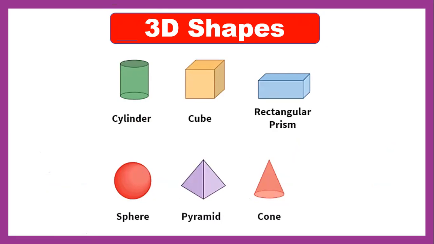Here is the cylinder, cube, rectangular prism, which we also call cuboid, sphere, pyramid, and cone. These shapes are 3D, because we can see the width and the height and the depth.